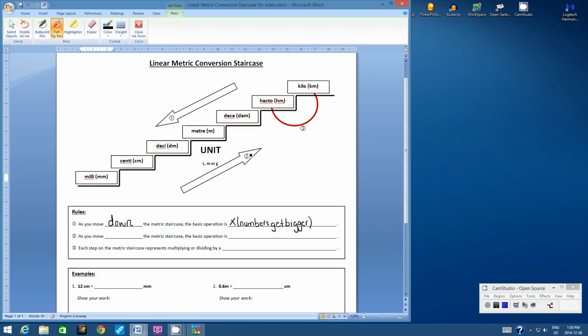Let's look at rule number two. In fact, rule number two is the exact opposite of rule number one. As you move up the metric staircase, the basic operation is division. And I want you to write this little reminder here. Numbers get smaller.